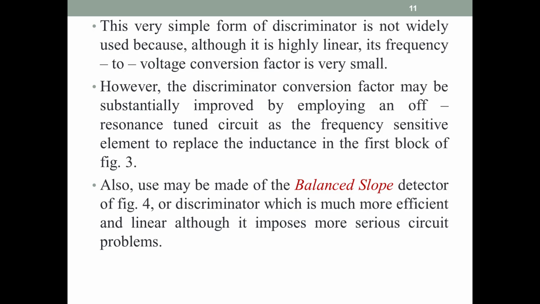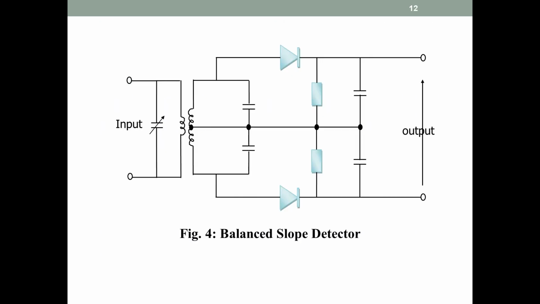However, the discriminator conversion factor may be substantially improved by employing an off-resonance tuned circuit as the frequency-sensitive element to replace the inductance in the first block of Fig. 3. Also, use may be made of the balanced slope detector of Fig. 4 or discriminator, which is much more efficient and linear, although it imposes more serious circuit problems. Circuit diagram of a balanced slope detector.